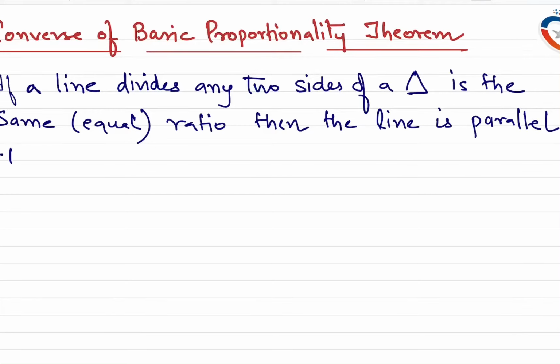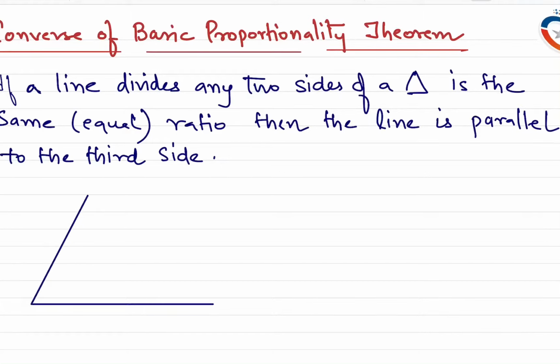Then the line will be parallel to the third side. Okay. So if a line divides any two sides of a triangle in the same ratio, then the line is parallel to the third side of the triangle. So here I just explained that. We need not write the proof for this.